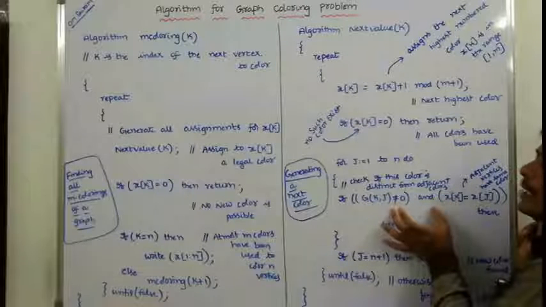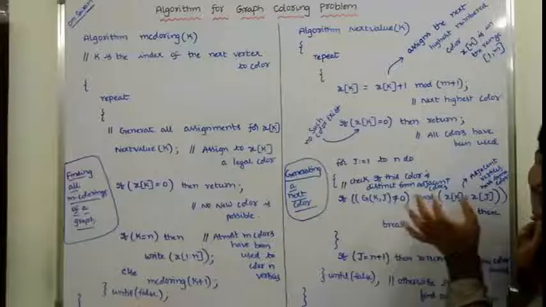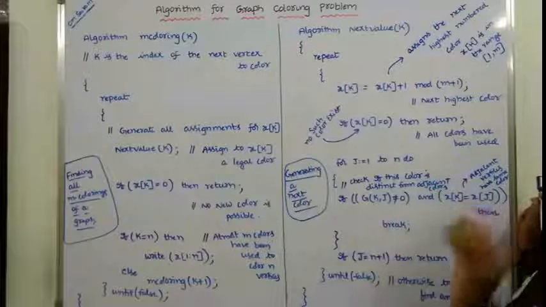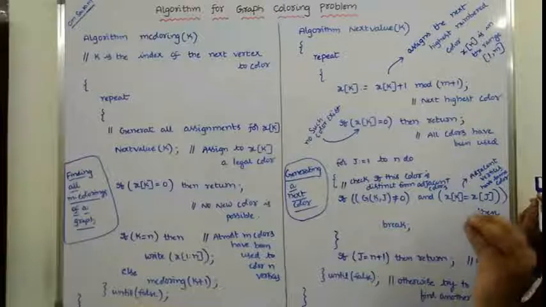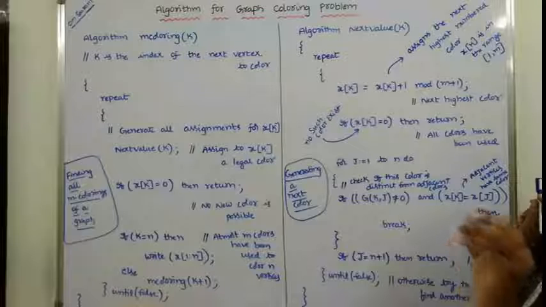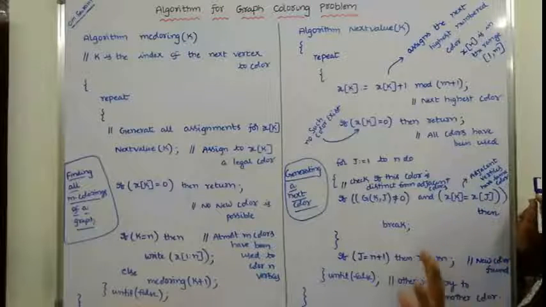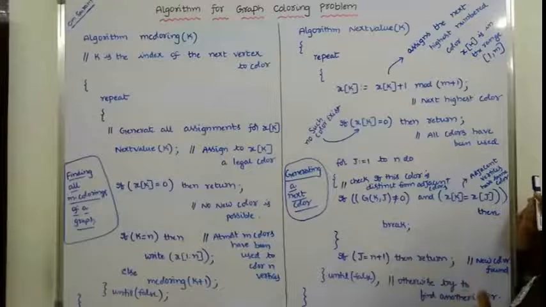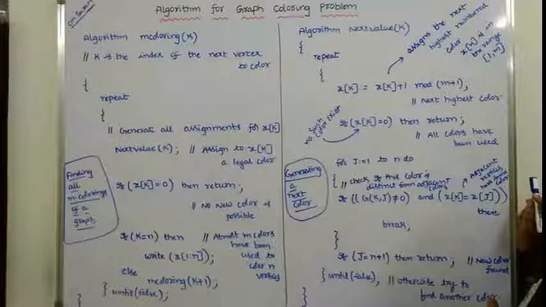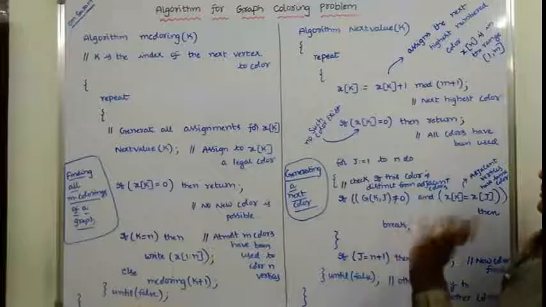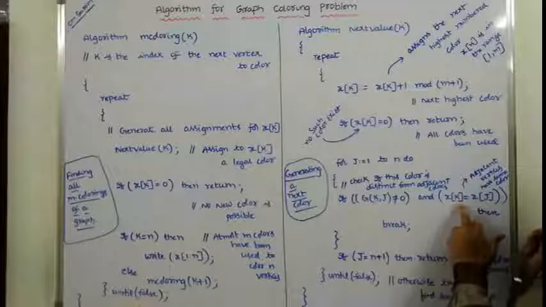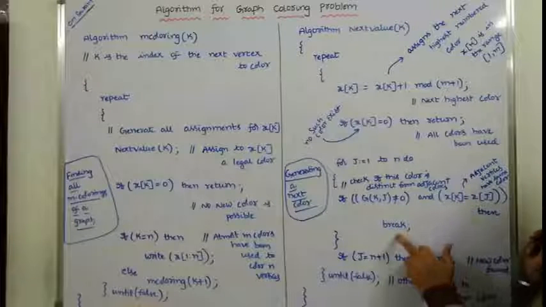So these two conditions are used for checking whether distinct vertices have the same color or not, if k comma j is an edge. If these two conditions are true, then we go to the break.